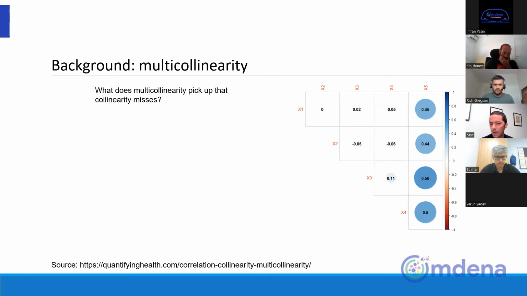But you can see the X5 column. This feature has medium correlations with all the other features. And this means that it's very multicollinear, while there's no pairwise collinearity. So in this case, we have multicollinearity, but not collinearity. And this is what the VIF will pick up.